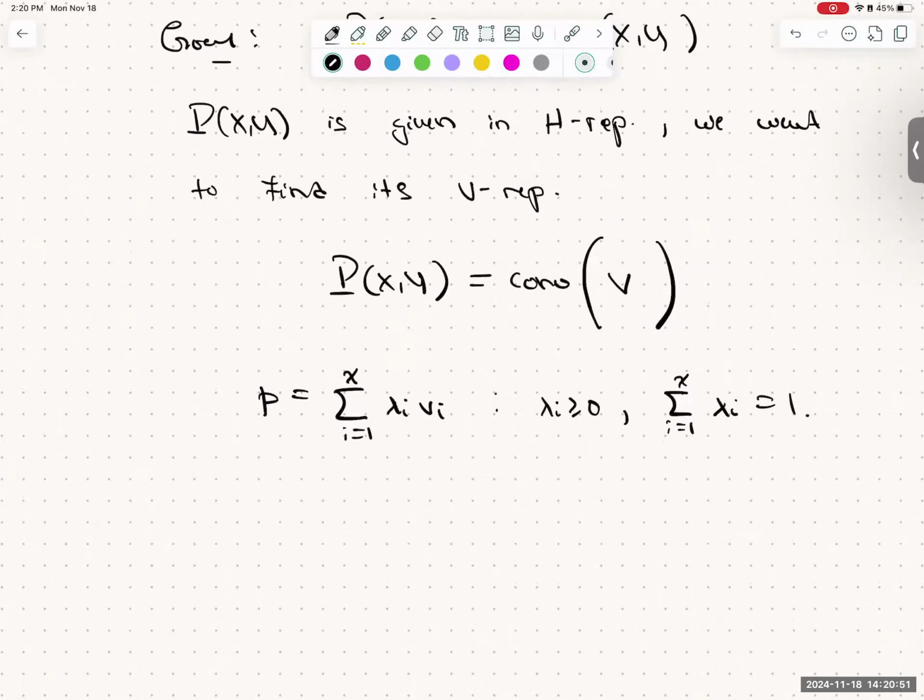So any simplicial distribution can be written as a convex combination of its extreme points.